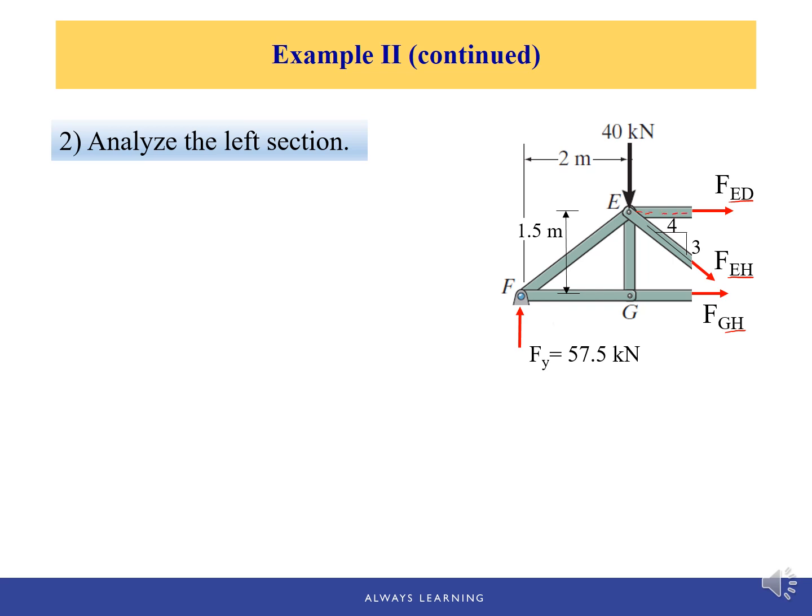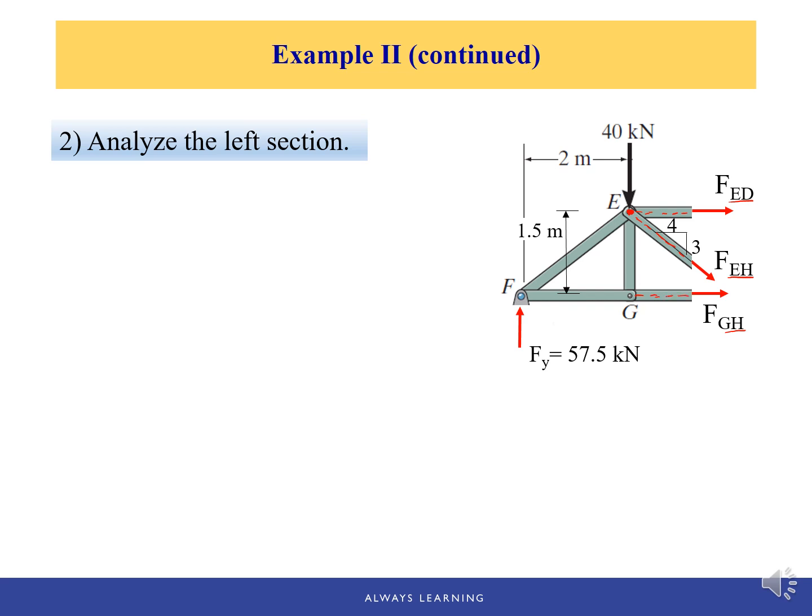We have FED along the ED member, we have FEH along the EH member, and also note that FED and FEH are concurrent about point E. The member GH has a force FGH.